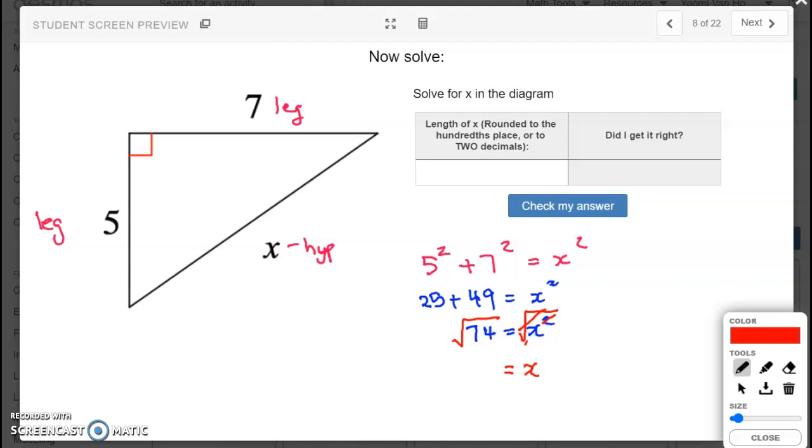Okay, so square root of 74 is 8.6, 8.60. So I am going to enter that as my answer. Okay, great.